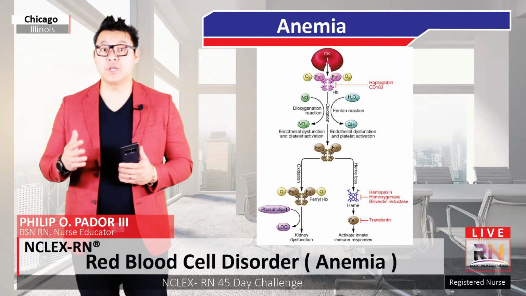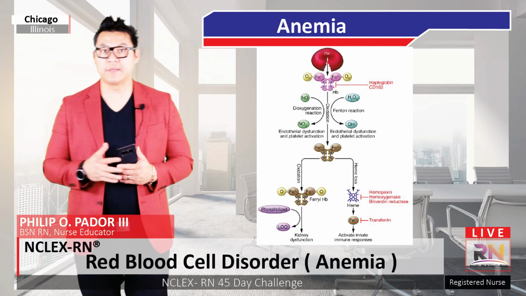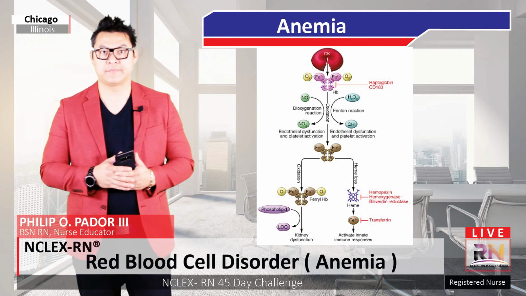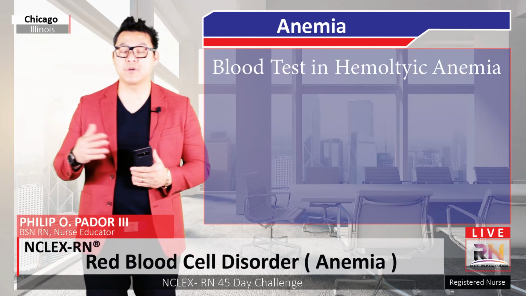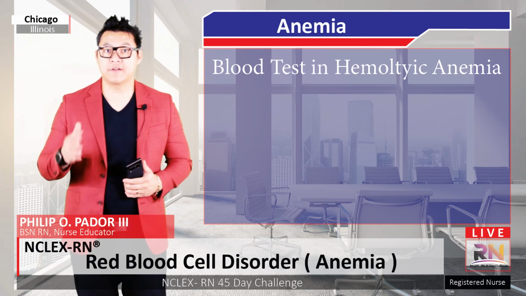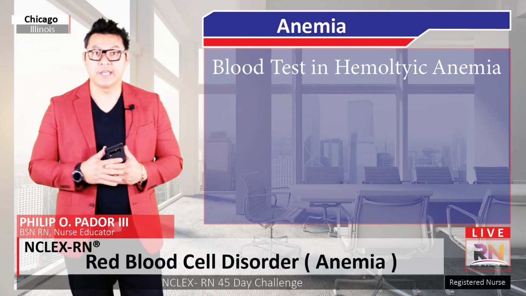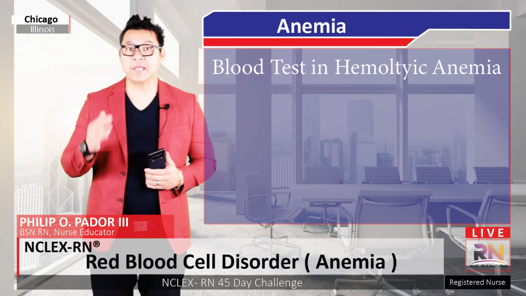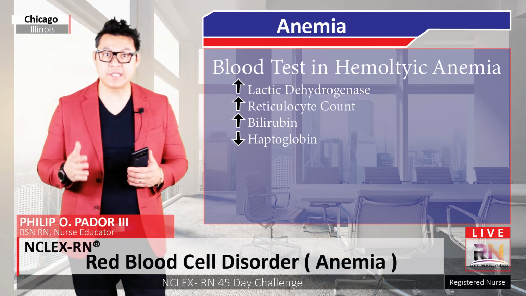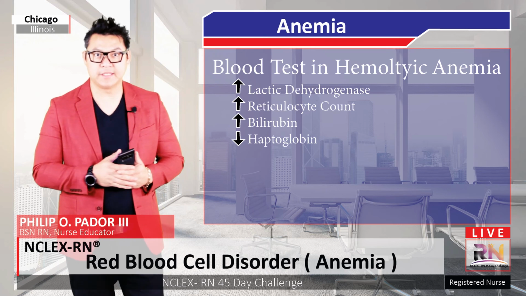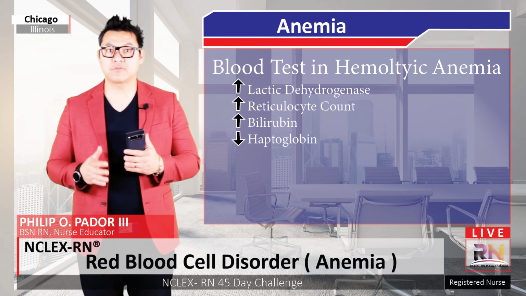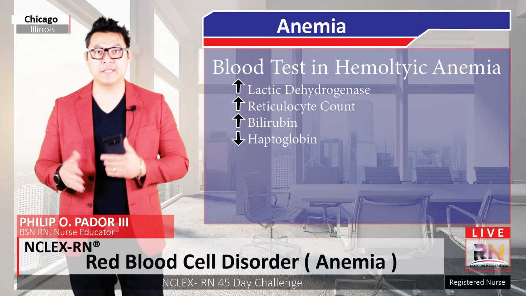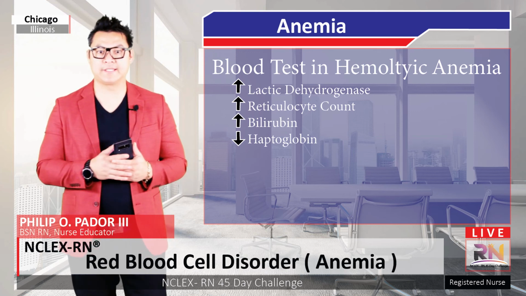Luckily, there are molecules which float around the body which help clear up these free hemoglobin molecules. These are called haptoglobins. Therefore, blood tests to order in someone with suspected hemolytic anemia include measuring the lactate dehydrogenase, which should be elevated, the reticulocyte count, which should be elevated because the body is trying to compensate by producing more red blood cells.